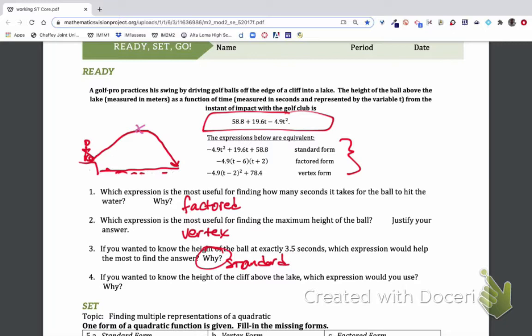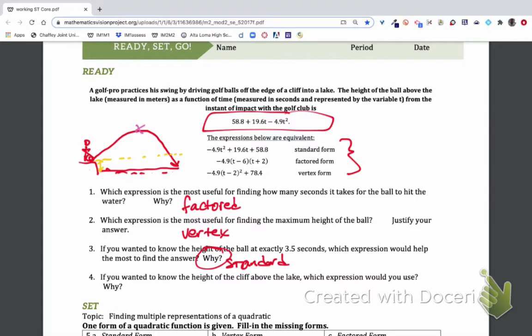Now I drew a very short cliff, but we've got this cliff that is up here, and we want to figure out what is happening at that point. Again, you can justify this however you want.